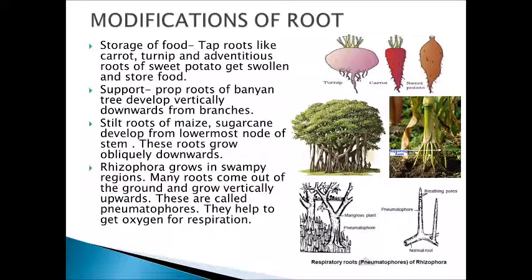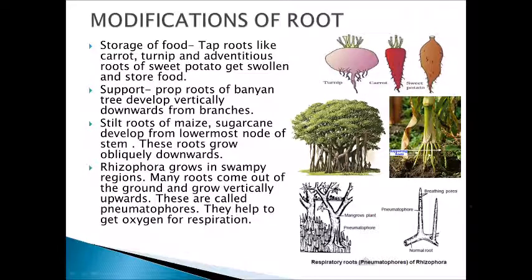The next example is Rhizophora, which grows in swampy regions, that is in marshlands where the soil is waterlogged. In such conditions, the plant Rhizophora grows.